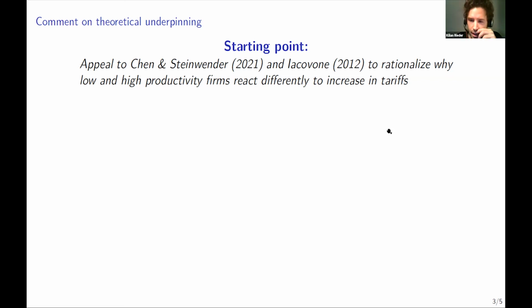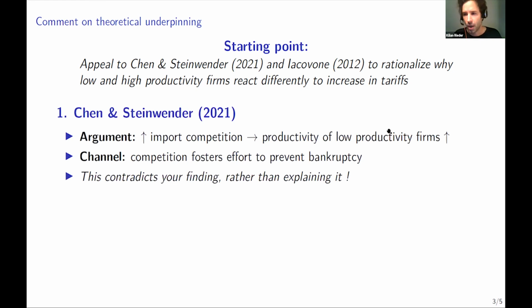And here I think there are two problems essentially. On the one hand, if you look at the Chen and Steinwender paper, which is now out in the Journal of International Economics, their argument is essentially that increased import competition actually leads to productivity of low productivity firms to rise.